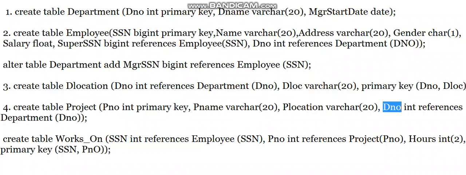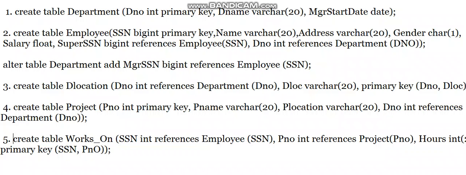Okay, the next one is works on. This is the last one because, according to our schema diagram, it depends on employee as well as project. The moment you create a project, then only you can create works on.